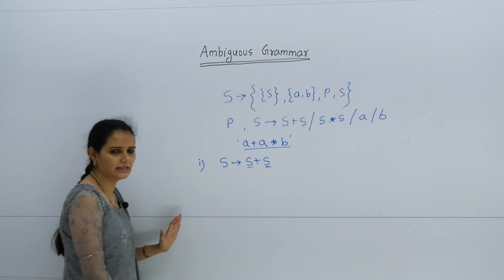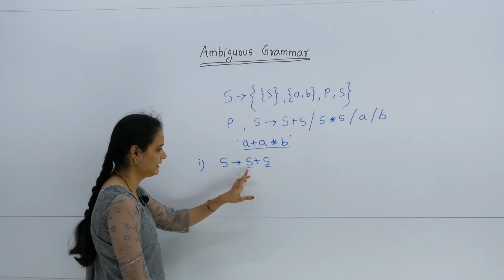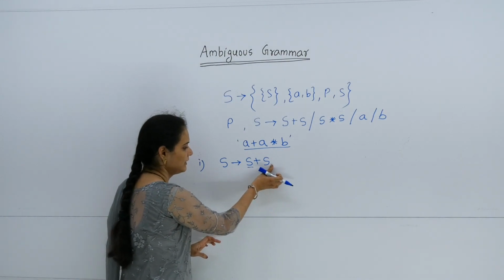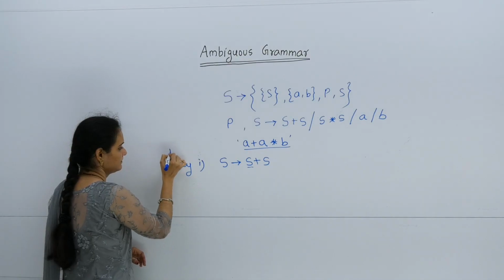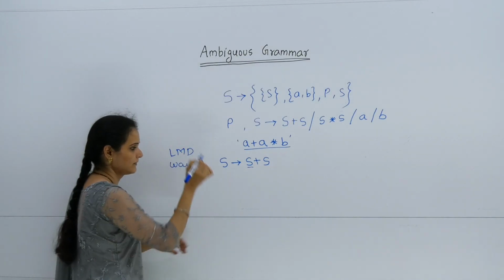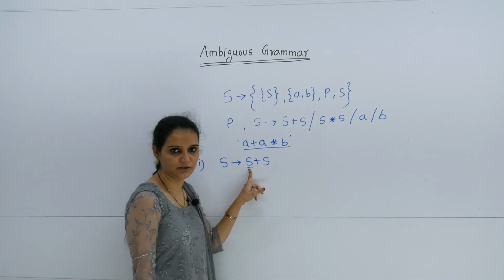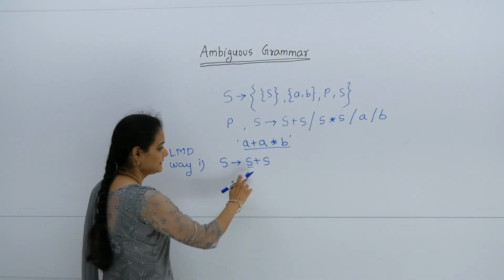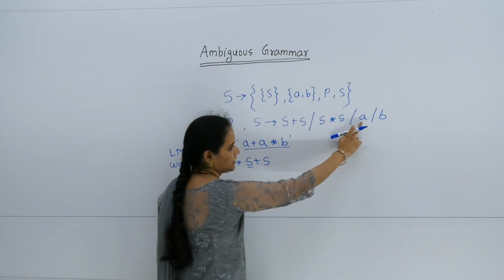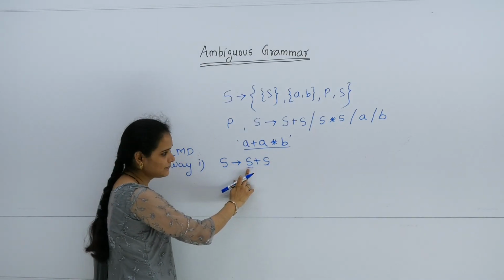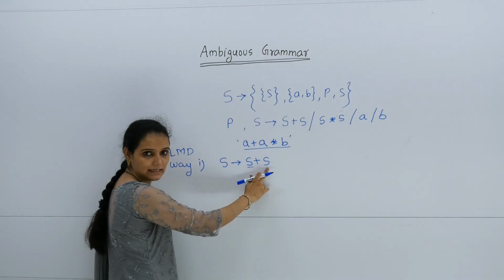If I want to use the leftmost derivation, then I am using that particular S is replaced. Okay, so here that S I am going to replace by A. So if I am using S by A, plus S is remaining.